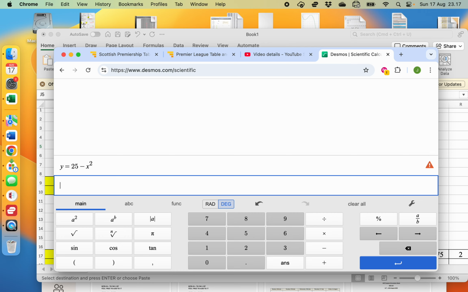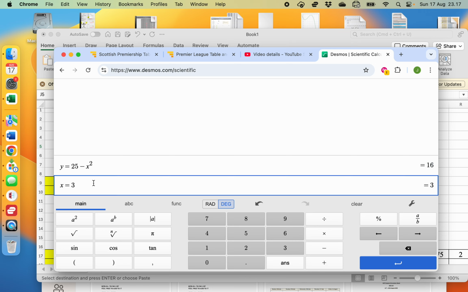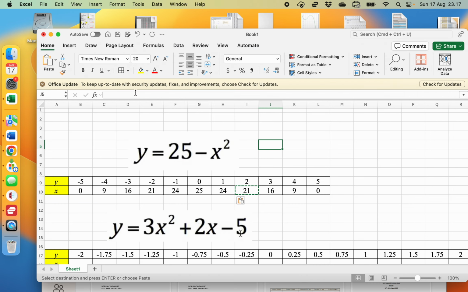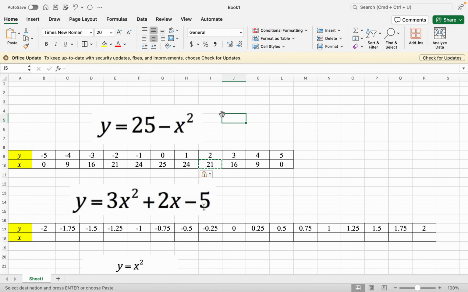But if I put in particular values of x, like x equals 3, then it automatically gives me the value of y, 16. If I change x to 4, then it'll change it to 9. So, back to this. That's another way of filling out this table.